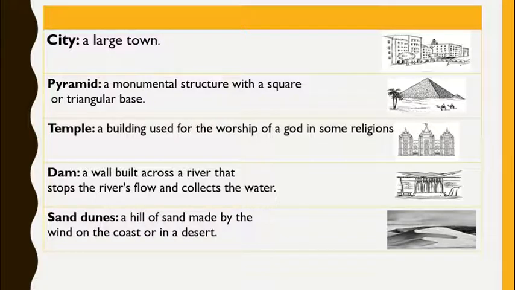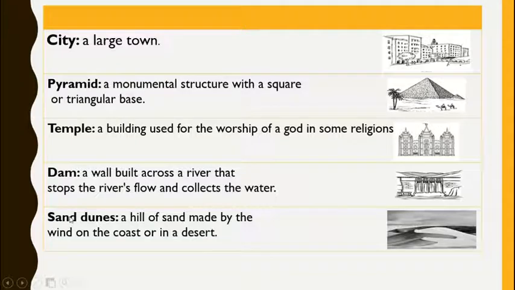Why do we do this? Mainly for many reasons. Sometimes to generate electricity, sometimes to save water, to water the plants and get our needs from it. So we make the dam across the river to stop its flow and collect the water from it.